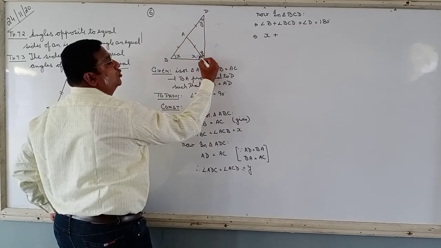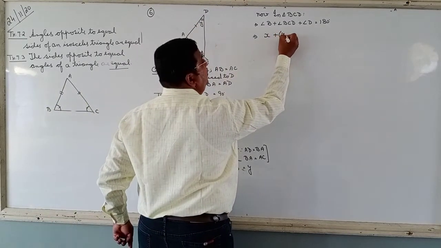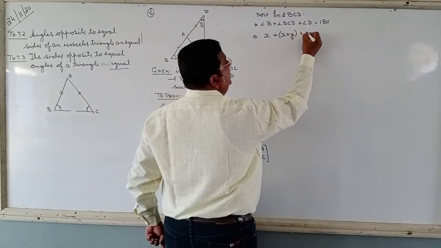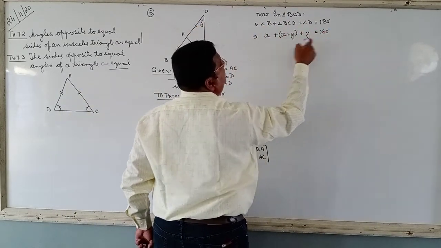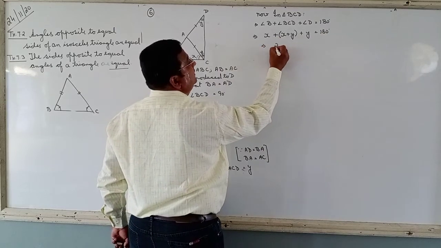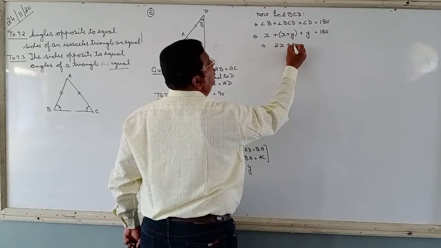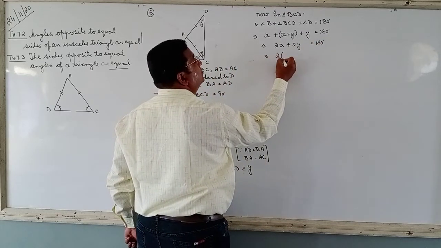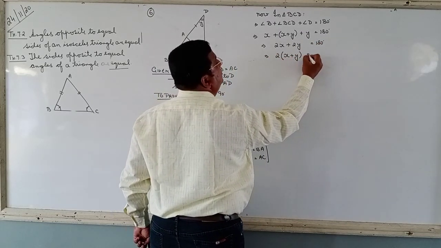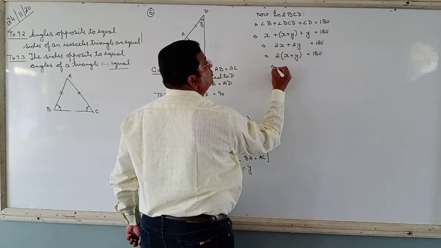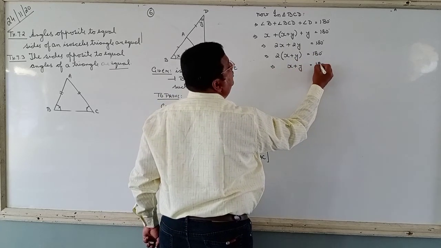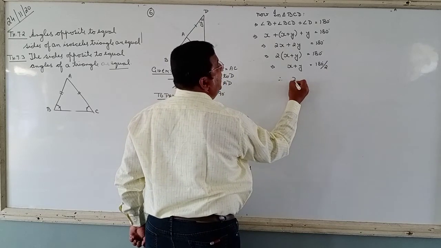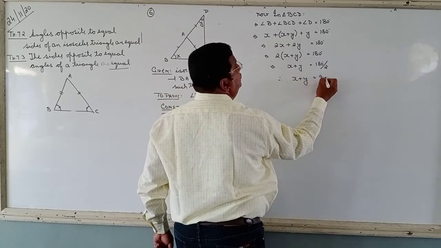It is equal to both of them, that is x plus y. And angle D is y, equals 180. x plus x, 2x. y plus y, 2y is equal to 180. What is common? 2 is common, so x plus y is equal to 180 by 2. So therefore x plus y is equal to 90.